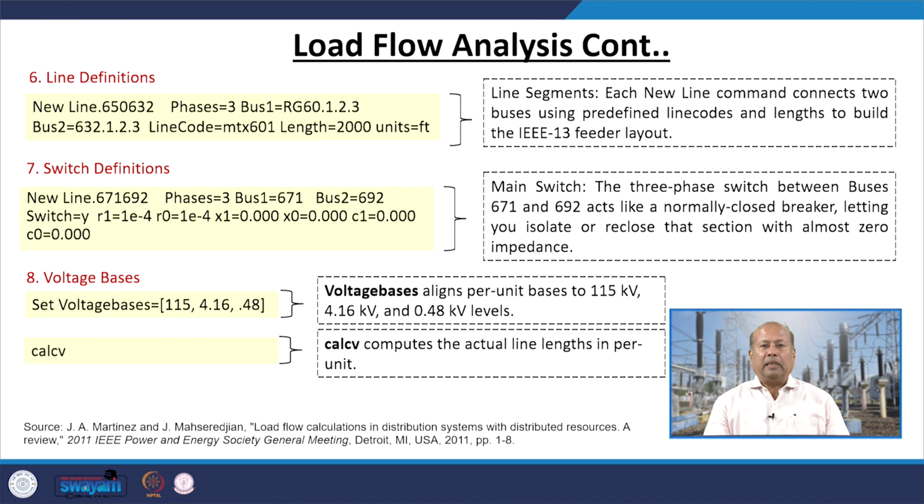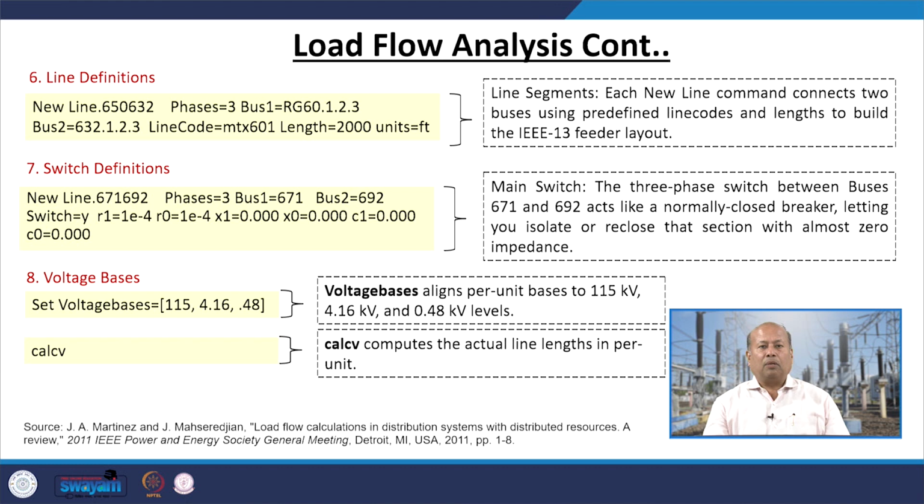Main switch, the 3-phase switch between buses 671 and 692 acts like a normally closed breaker, letting you isolate or reclose that section with almost zero impedance. Then voltage bases align per unit basis to 115 kV, 4.16 kV and 0.48 kV levels.